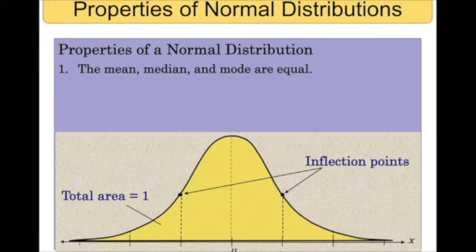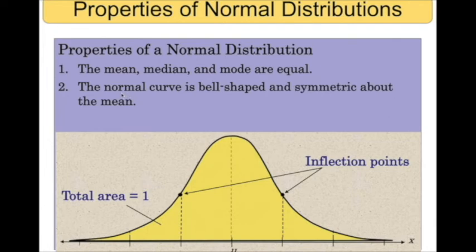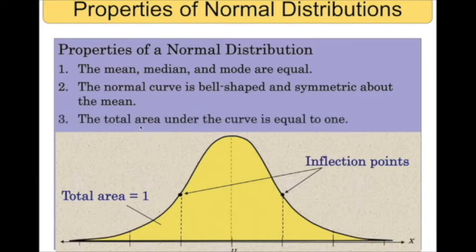Number two, again, the normal curve is bell-shaped and symmetric about the mean, or mode and median as well, because they're of equal value. Number three, the total area under the curve is equal to 1. So the area under this bell curve, the yellow color, is equal to 1, because the probability is equal to 1.